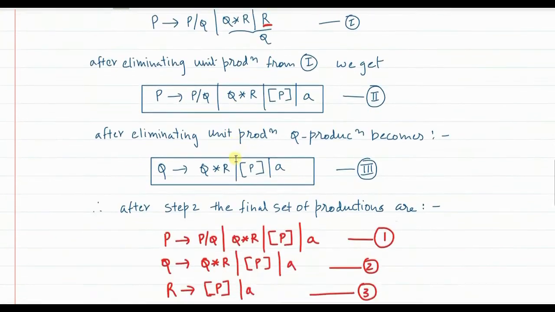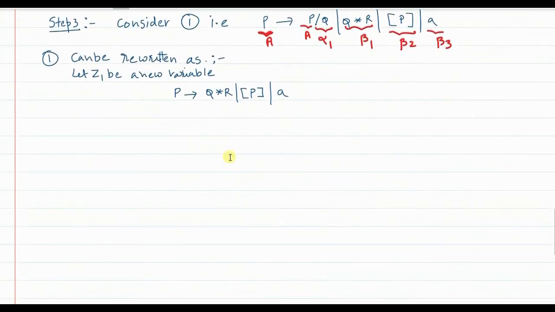So I'm not going to write this on a separate line, rather that second P production I'm going to write with all these same terms plus that Z1, I'm going to continue here. Just to show you, the second production is P gives the same beta 1 term, that is Q into R into Z1.